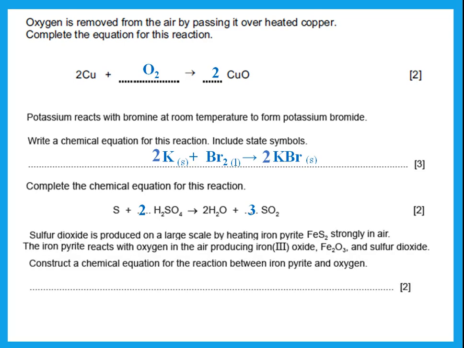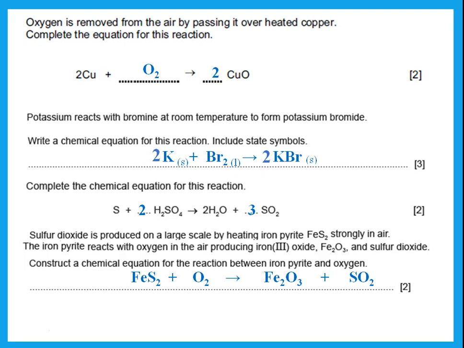Sulfur dioxide is produced on a large scale by heating iron pyrite strongly in air. The iron pyrite reacts with oxygen in the air, producing iron(III) oxide and sulfur dioxide. So he says that the iron pyrite is FeS2. So I'm writing FeS2 with oxygen to form Fe2O3 plus SO2.